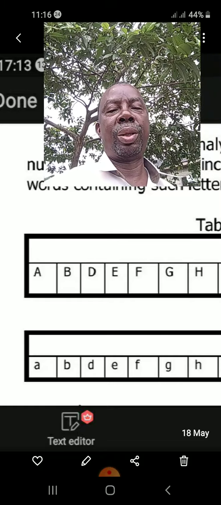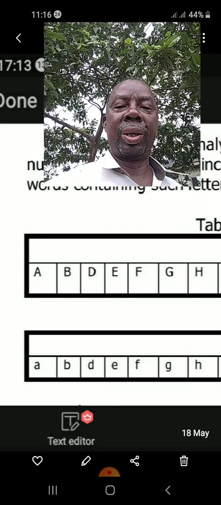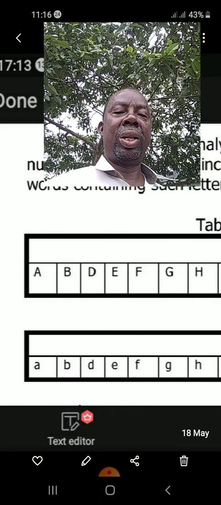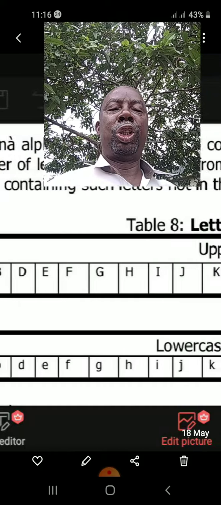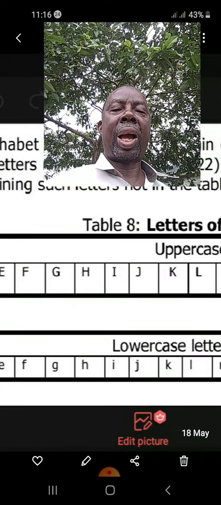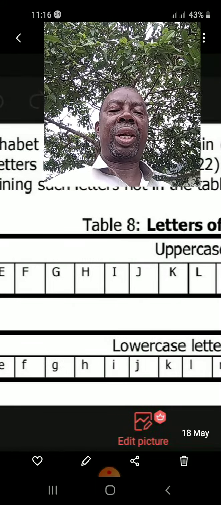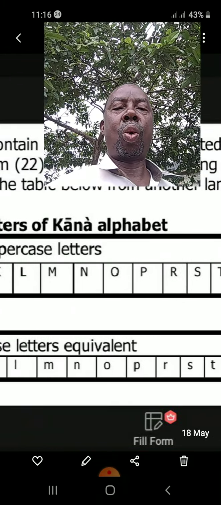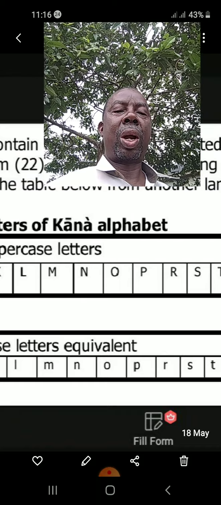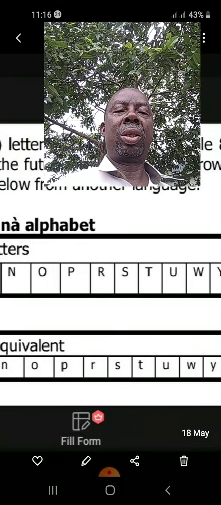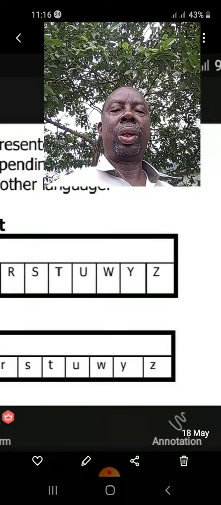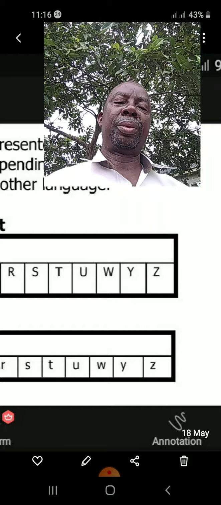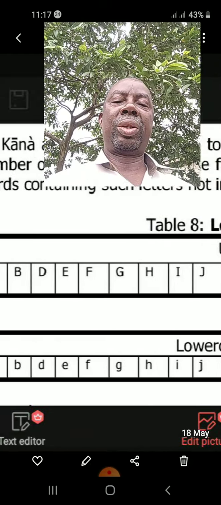In English, they are produced this way: A, B, D, E, F, G, H, I, J, K, L, M, N, O, P, R, S, T, U, W, Y, and Z. These are the letters.